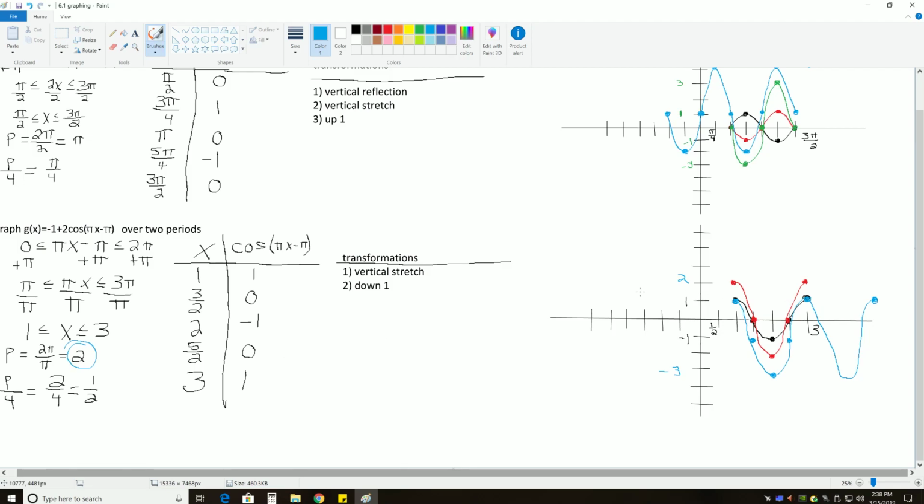Even if it is matching up in your table, make sure it's matching up in this interval as well. These are a bunch of checks that you can go through to make sure your final answer is working correctly. But this is our final graph. And like always, we want to label it with our final function name, which in this case was g of x.